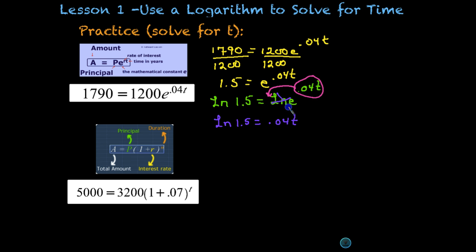That goes away, so that's gone. Now it's pretty easy to solve for t. All I have to do is divide by 0.04 and divide the left side by 0.04. 0.04 divided by 0.04 gives me 1, so this side is just t, and then I just need to put the natural log of 1.5 divided by 0.04 into my calculator. So let's go ahead and do that now.